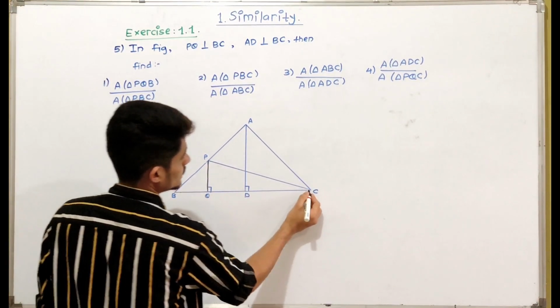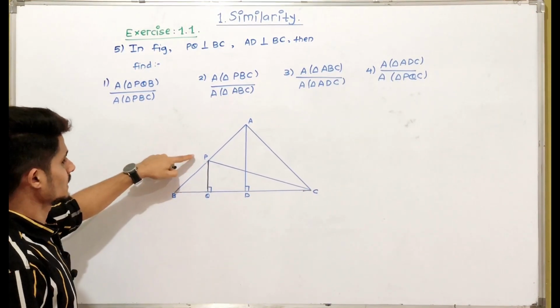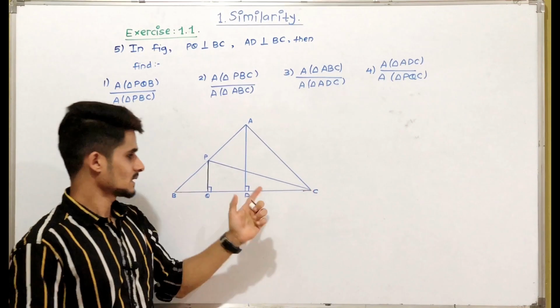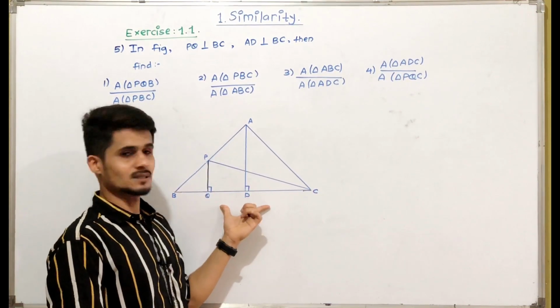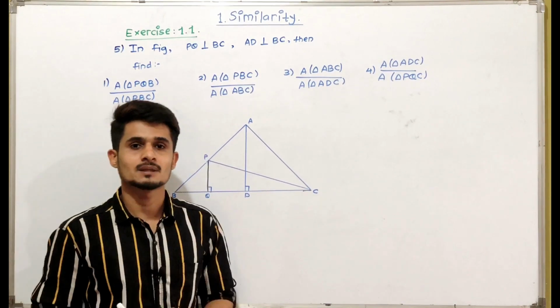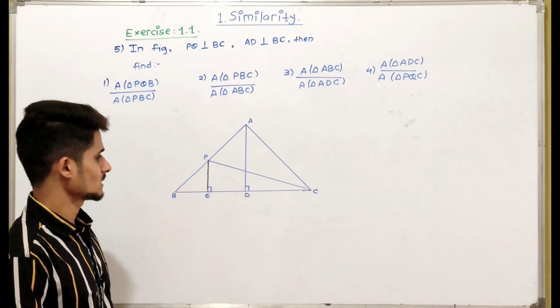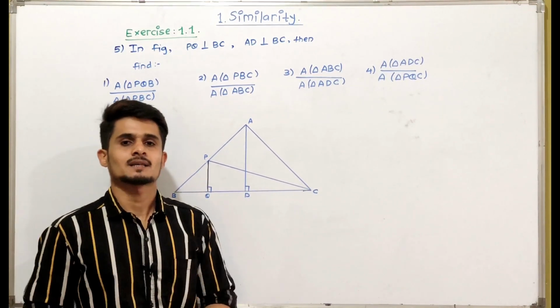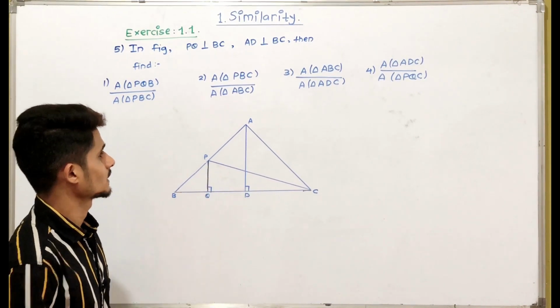That is, in triangle PBC, base is BC, and in triangle ABC, base is BC. So firstly we have to write that triangle PBC and triangle ABC have the same base BC, and after that write a statement and solve it and find the height.